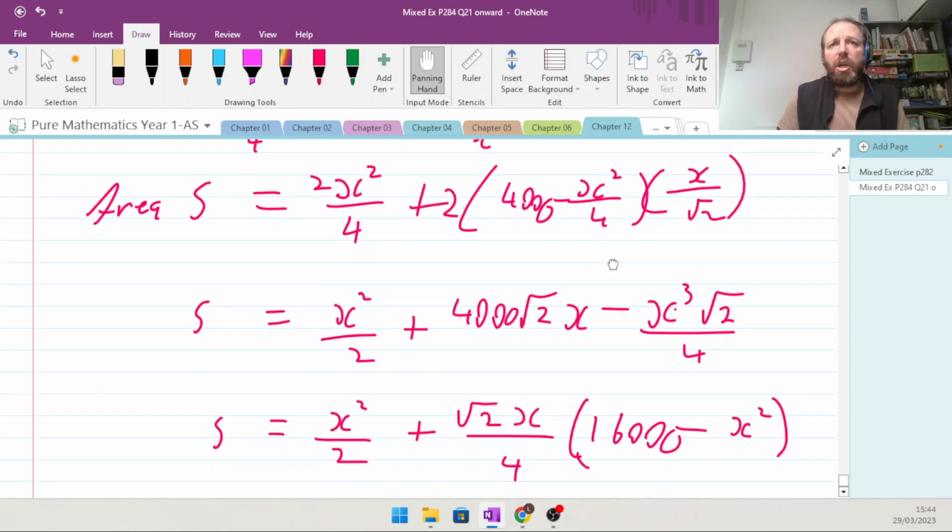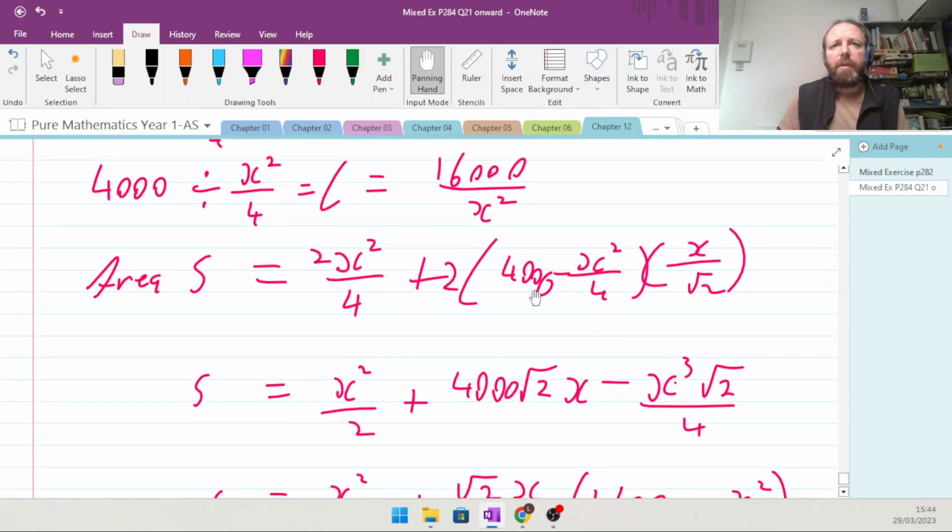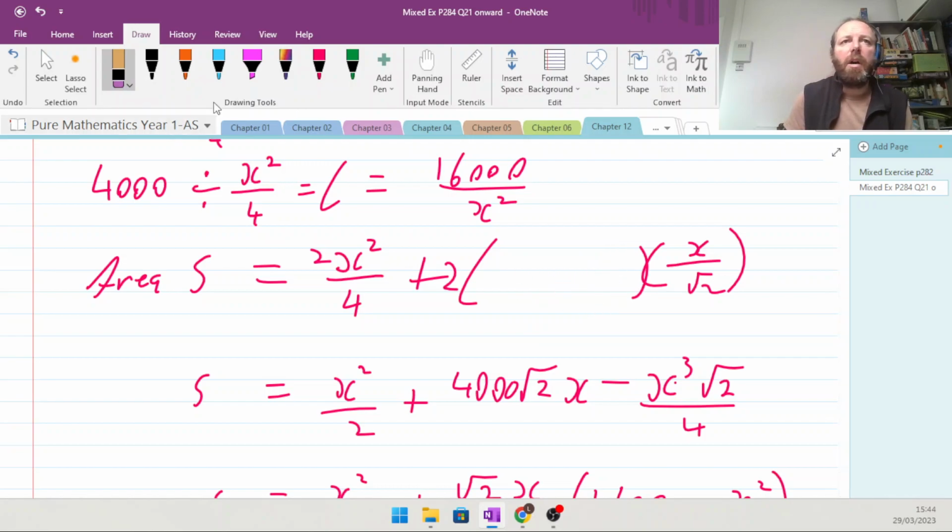Okay, so what does that mean for us here? It means that 16,000 over x squared should be in this point here. So let's just add it in, 16,000 over x squared. And now that's probably going to change what we do as we come down here. Most definitely.